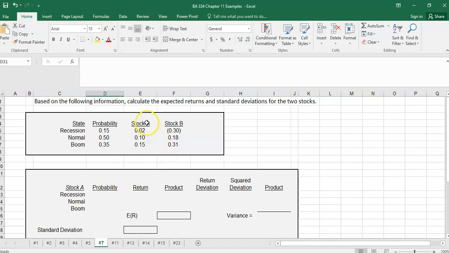In this example, we have two stocks and we have a recession economy, a normal economy, and a boom economy. And we want to know what are the expected returns and standard deviations for the two stocks. So we're going to start with stock A. This is similar to the examples we did for chapter 10. We're just including these probability factors into it. So we're going to bring down our probability information so we can do calculations and the information about our return.